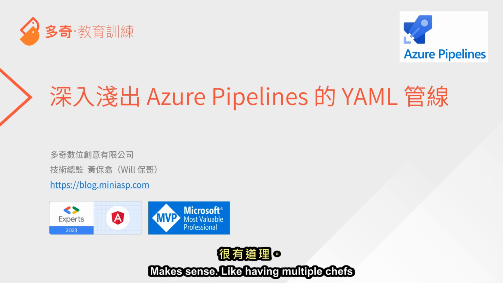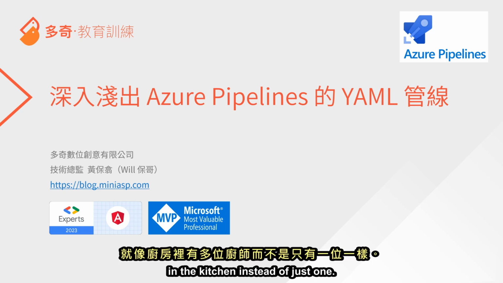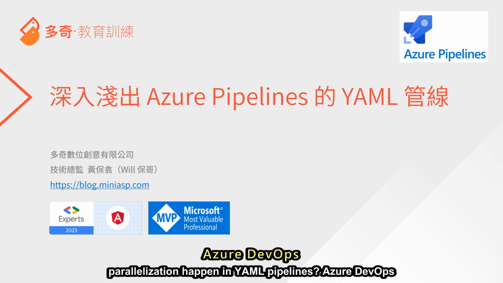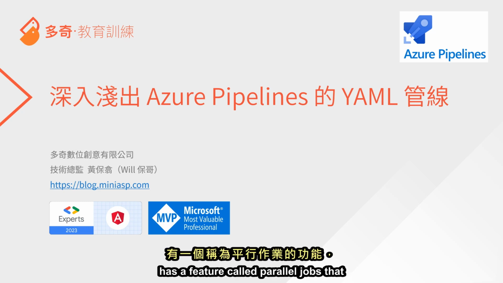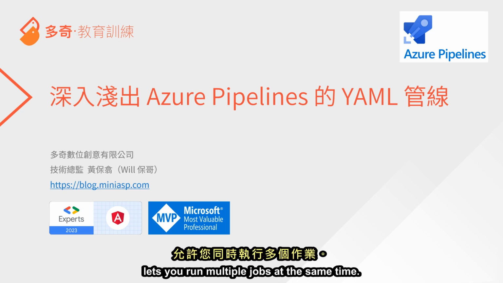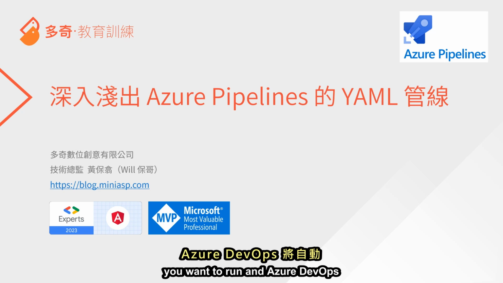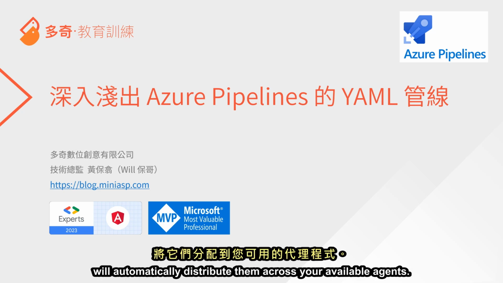Makes sense, like having multiple chefs in the kitchen instead of just one. But how do we actually make that parallelization happen in YAML pipelines? Azure DevOps has a feature called Parallel Jobs that lets you run multiple jobs at the same time. You can set how many parallel jobs you want to run, and Azure DevOps will automatically distribute them across your available agents.